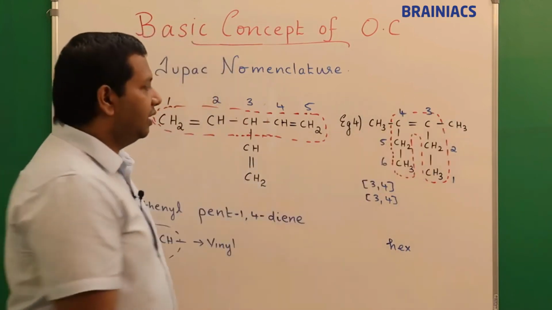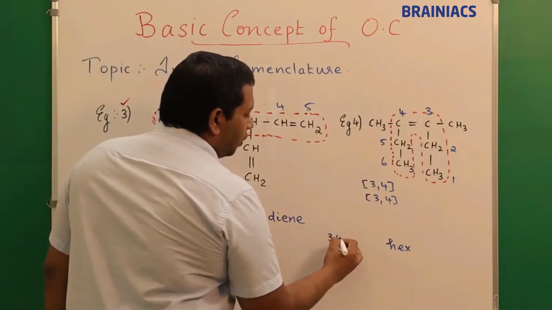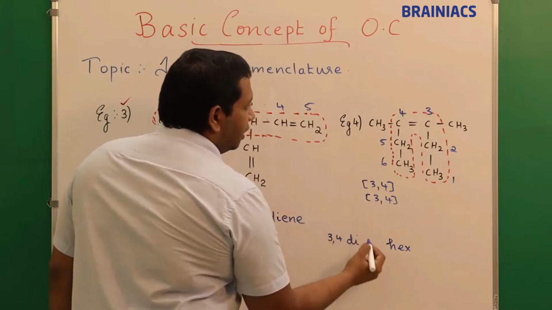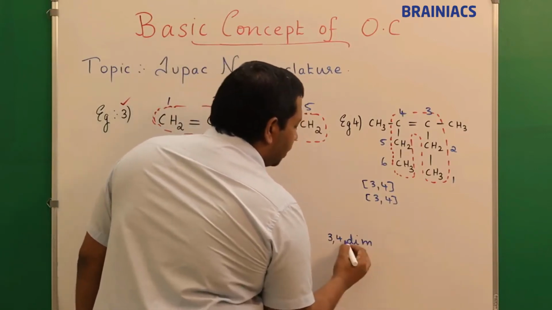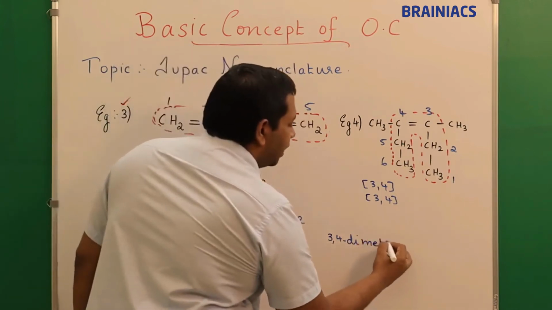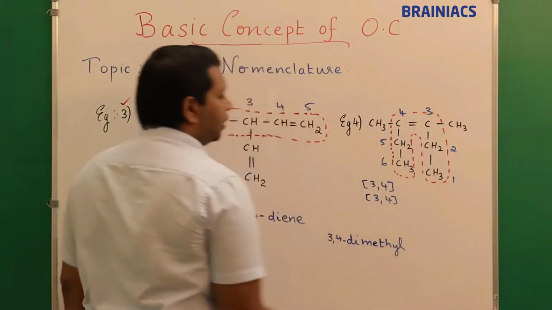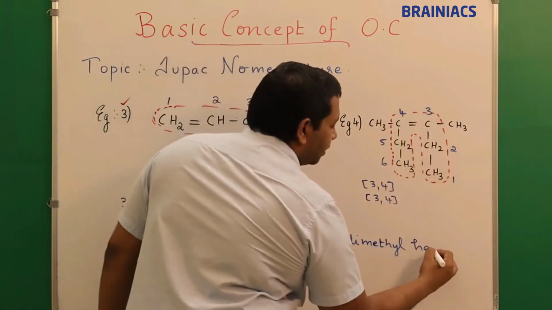So I can write 3,4-dimethyl. I should put hyphen, 3,4, hyphen, dimethyl. Then the parent carbon chain has 6 carbon atoms, so hex.